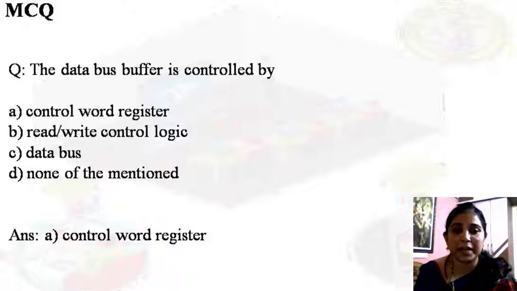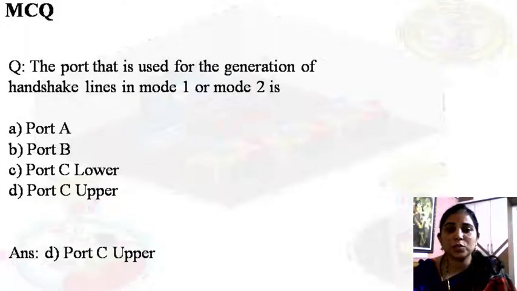Next question is, the port that is used for the generation of handshake lines in mode 1 and mode 2 is: first option is port A, second option is port B, third option is port C lower, fourth option is port C upper. The right answer is option D, port C upper.